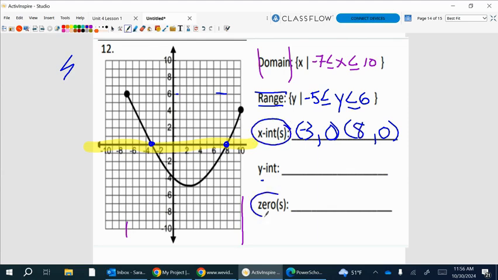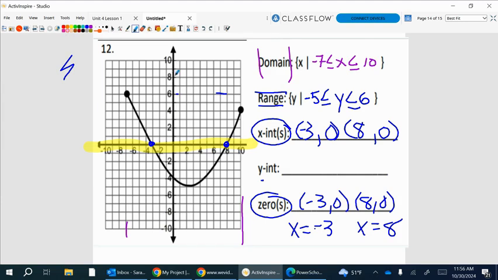X-intercepts and zeros are the same, so I write it again. Or I write it like this. Then I do my y, highlight the y-axis. Where does it cross? Right here. There's one y-intercept, always a 0 for the x, and that's a negative 4 for the y.